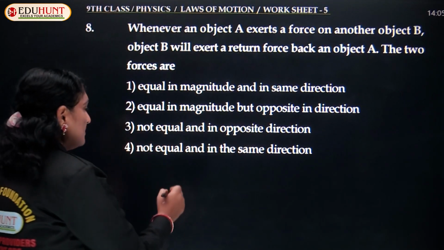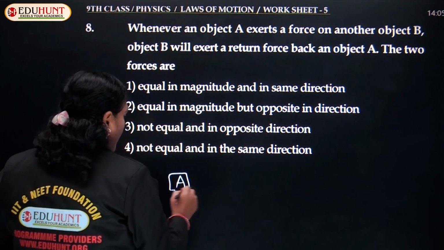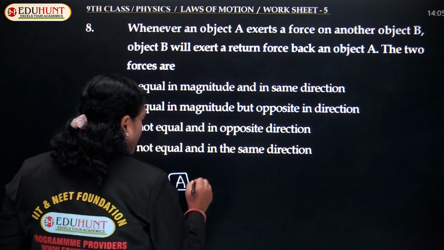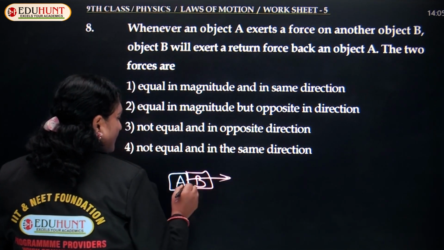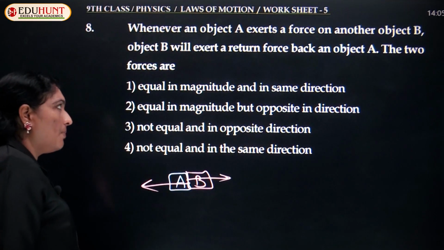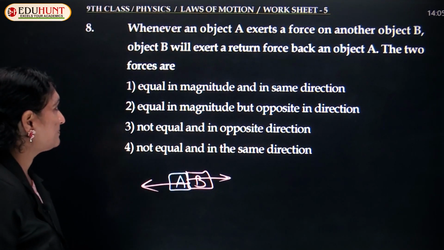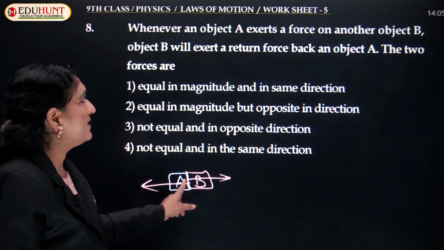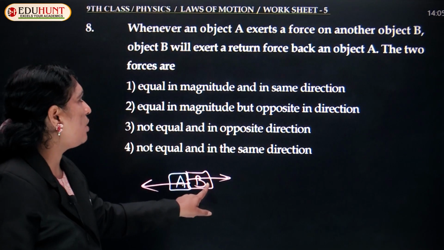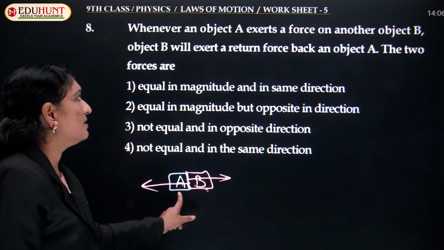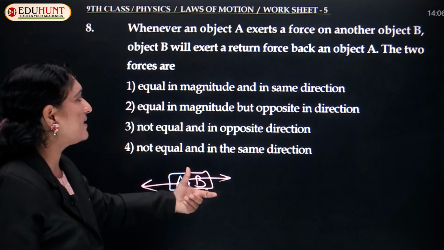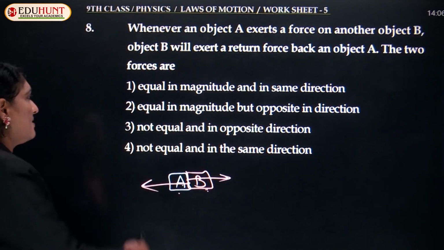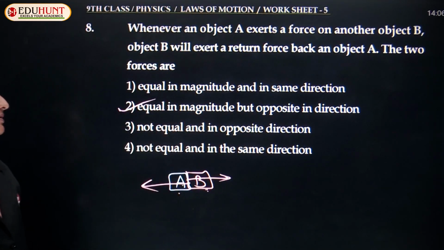This is your A and here is your B. If A exerts a force like this, B exerts a force in the opposite direction. The two forces are equal in magnitude but opposite in direction. So the second option is true.